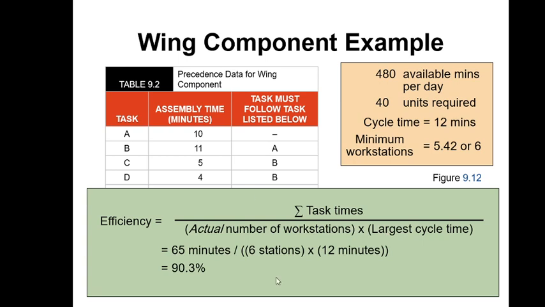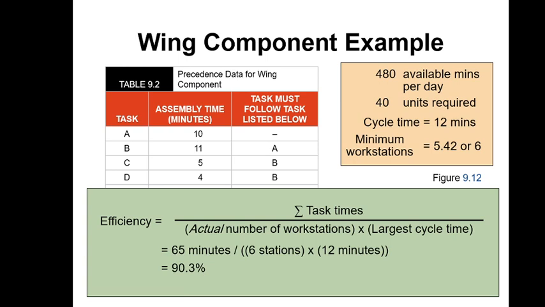This is the allocated time, but the needed time is only 65, which is the sum of task times. So 65 divided by 72 minutes, we have an efficiency of 90.3%.